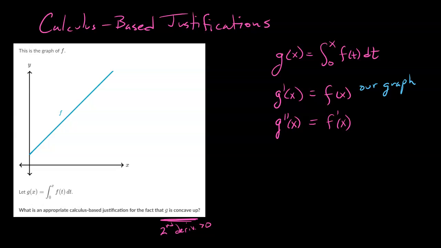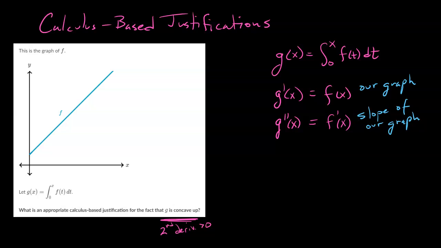Since we're just going from a picture, how do we figure out f prime of x from the picture? Does anybody remember what f prime looks like on a picture? Perfect. F prime of x from that picture would be our slope.